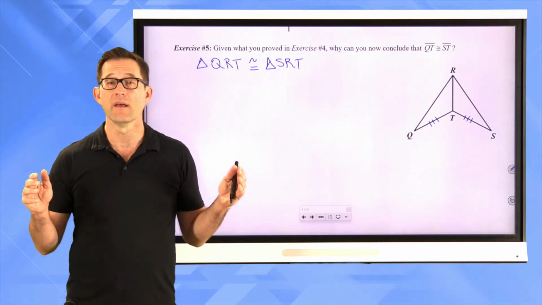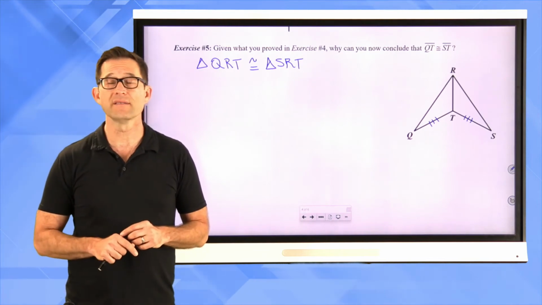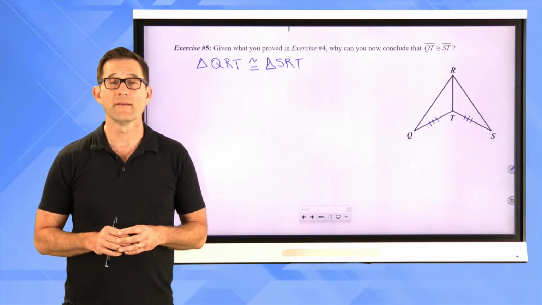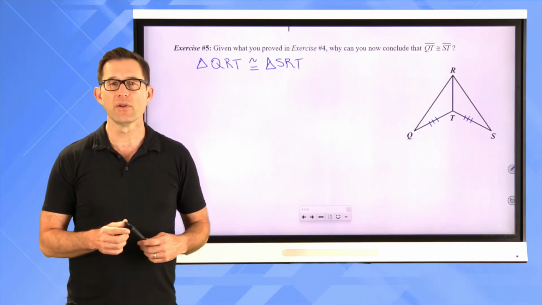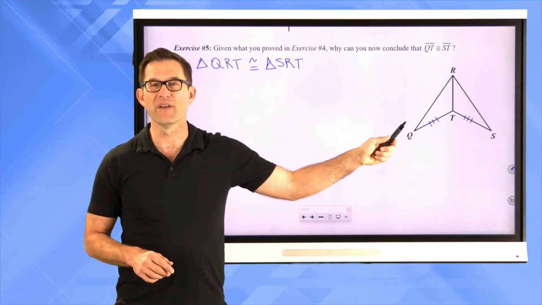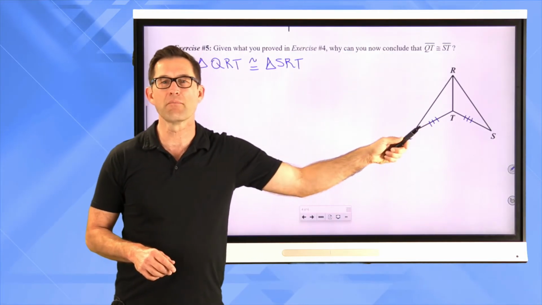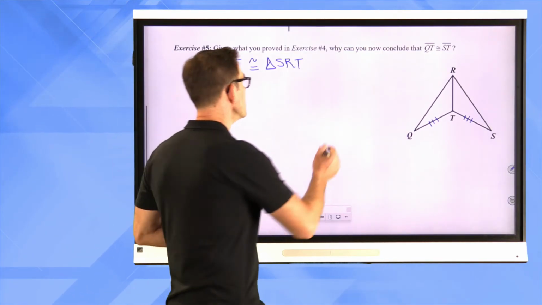You could also say, since the two triangles are congruent and these are corresponding sides, they must also be congruent, right? All of that is fair game. The most general way of concluding that two corresponding parts of congruent triangles are congruent is just by saying CPCTC.